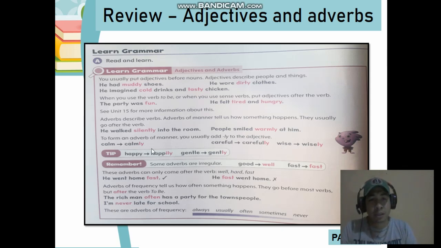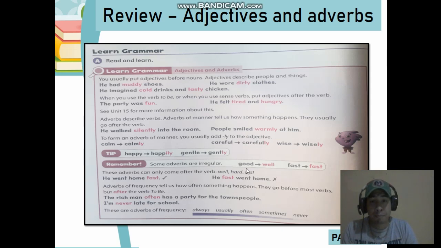Now, look at the tip here. Happy changes to happily. Gentle changes to gently. Now, it's important to remember that this rule applies for most of the adjectives and adverbs, but some adverbs are irregular.